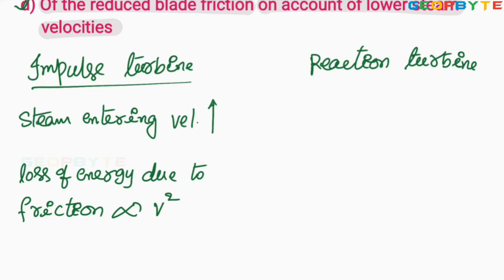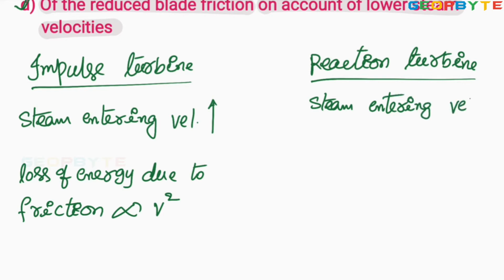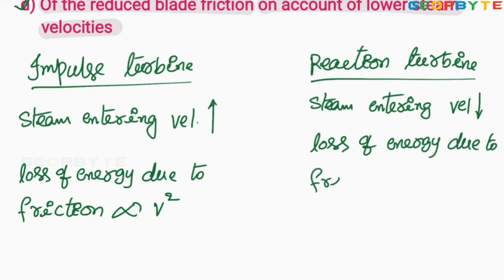Whereas for the reaction turbine, the steam entering velocity is low. Then what is the loss of energy due to friction? It is proportional to the square of the velocity. For both cases, the formula remains the same, proportional to the square of the velocity.